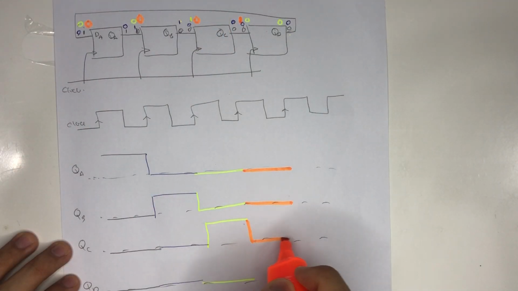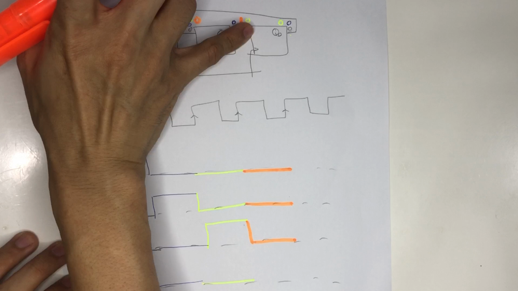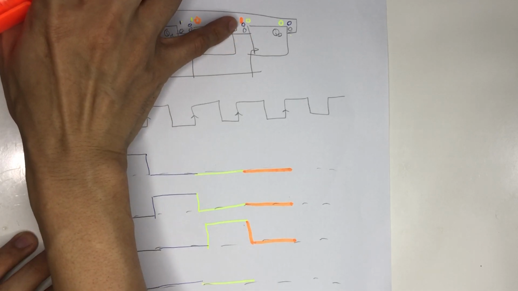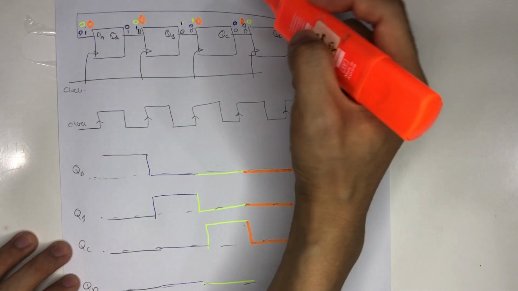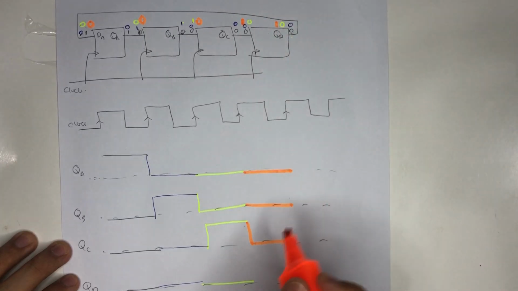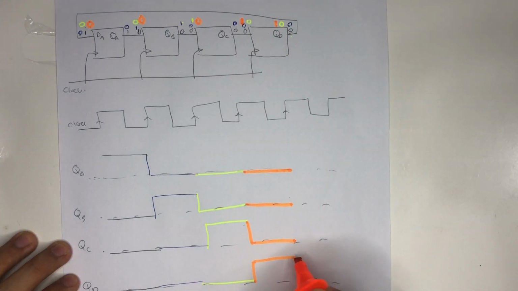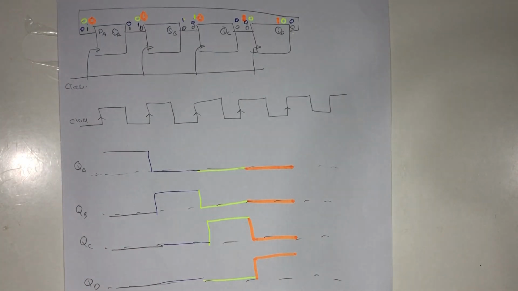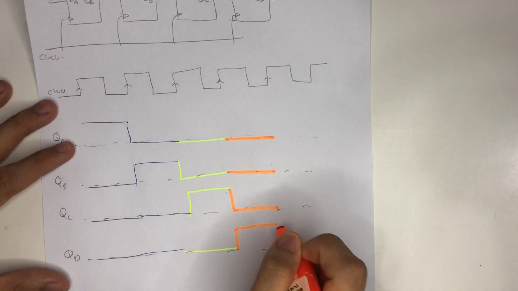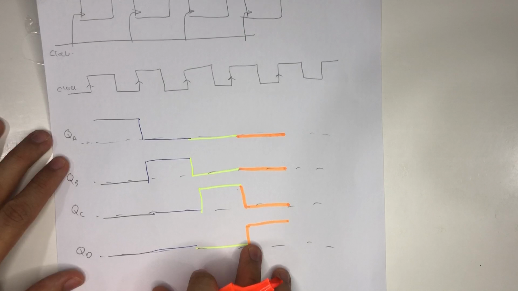And then at QD, at the fourth rising edge, you can see when this is 1, you have 1 as the output. So I think you understand this. So this is the fourth rising edge.